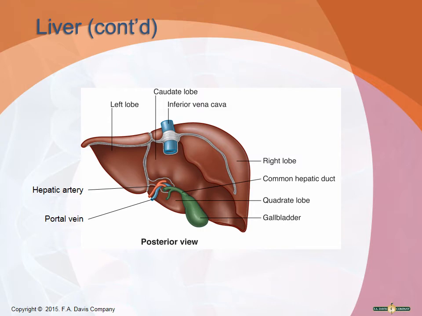You also have two ways that blood is brought to the liver. One, off of the aorta, you have the hepatic artery. And two, from the digestive system, you have the hepatic portal vein, where blood is brought from the GI system to the liver and then returns into circulation.